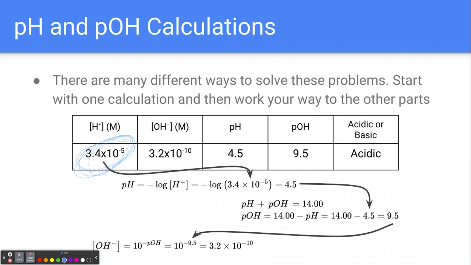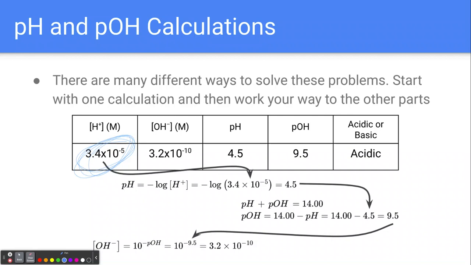So what I'm going to do here is first calculate the pH. To find the pH, I take the negative log of my proton concentration. So I take the negative log there, and I figure out that my pH is equal to 4.5. From there, I use the equation pH plus pOH is equal to 14. So I'm going to take 14 minus my pH to find my pOH.